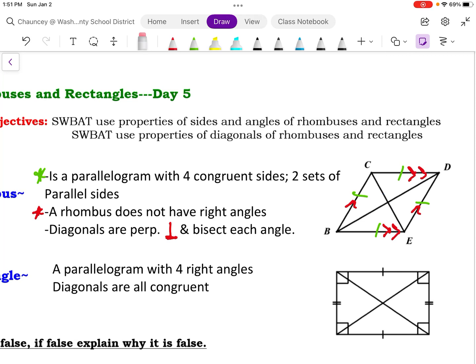And because they bisect each other, we could say that this is congruent to that. If we make this the letter F here, we could say BF is congruent to FD and CF is congruent to FE, if that makes sense.